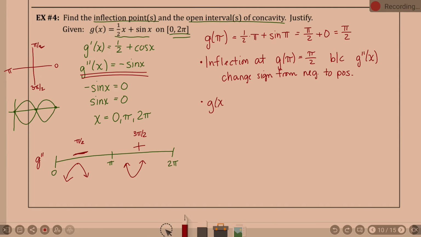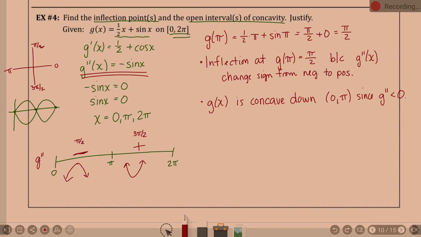g of x is concave down from 0 to pi, since g double prime is less than 0.